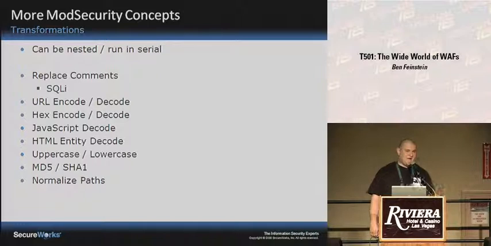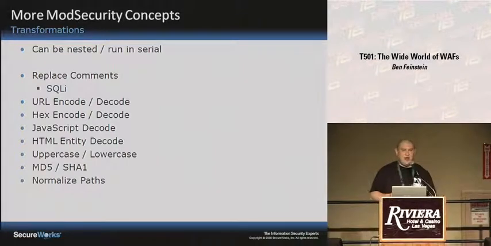You can take MD5s and SHA-1s of file uploads on the wire. So basically, I could create a blacklist of files I never want to be returned from my server, or that I never want to be uploaded to my server. ModSecurity can reassemble the file upload or the returned file, take an MD5 or a SHA-1 of it, and match it against your blacklist. Pretty cool.